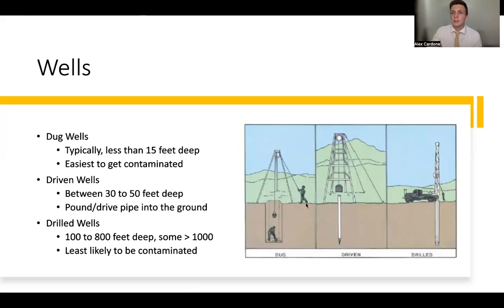Next are drilled wells. Drilled wells are 100 to 800 feet deep on average. Some can even be more than 1,000 feet deep. One of the reasons why is shown in the picture on the right side, which illustrates a drill going down. This typically includes a drill bit and a bored tube, so that as it's drilling down, it can constantly bring dirt up and keep going as far as it needs to.